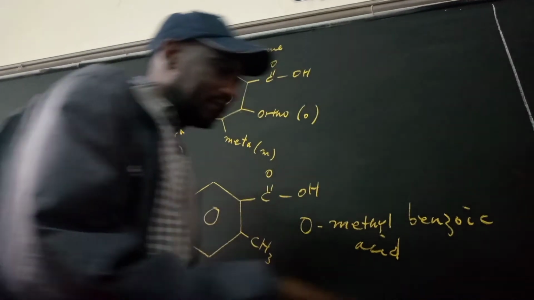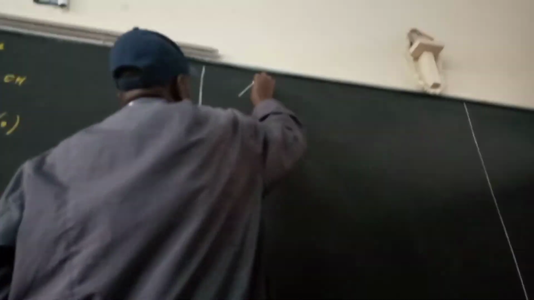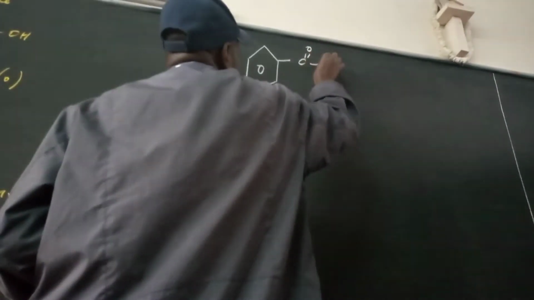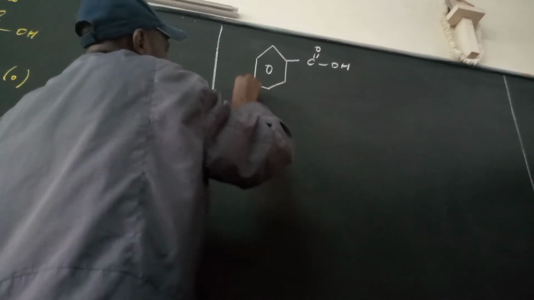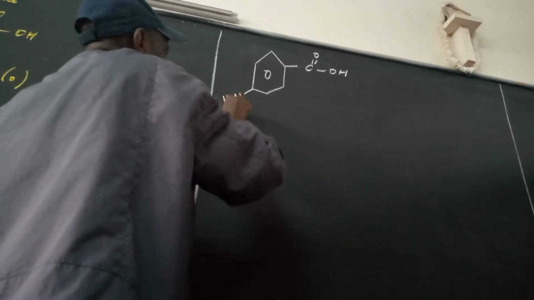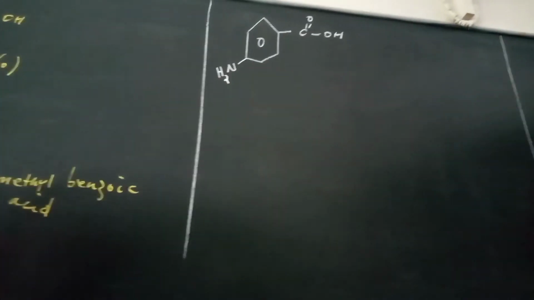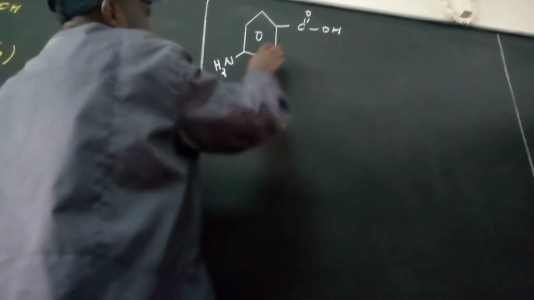Now let's add another example to give a common name. Let's say we have this acid again, with an amine. Give a common name for this acid. We have to count the position first: 1, 2, 3, 4.